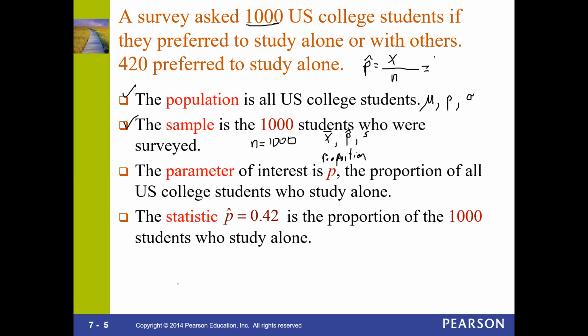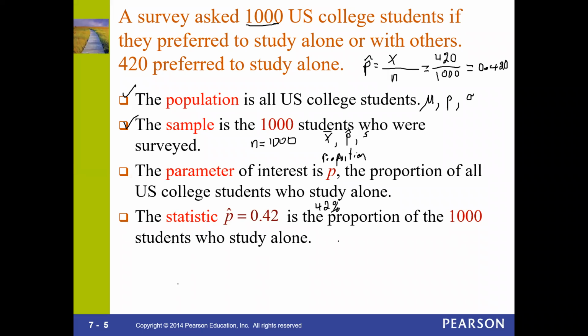Here, I've surveyed 1,000 students, and 420 of them prefer to study alone. This is going to give you 0.42. If you want to use three decimal places, you can write 0.420. So it's about 42% of them say they like to study alone.